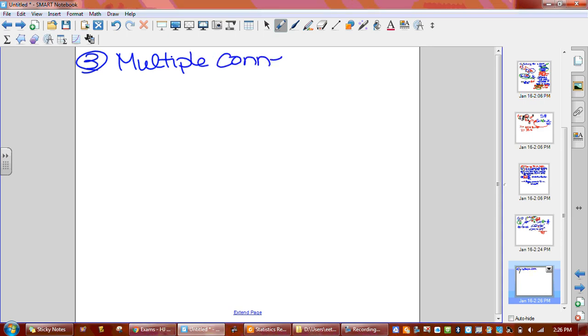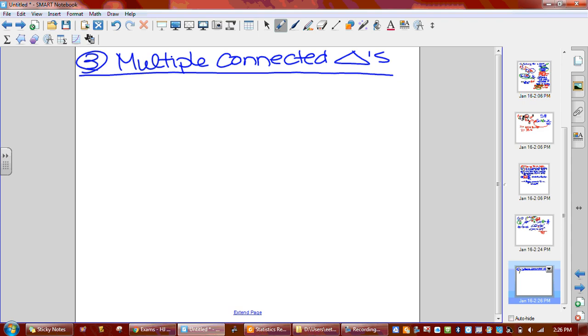Well, there's something we need to do first when we have connected triangles. We always need to find the size, or length, of course, because it's side length.